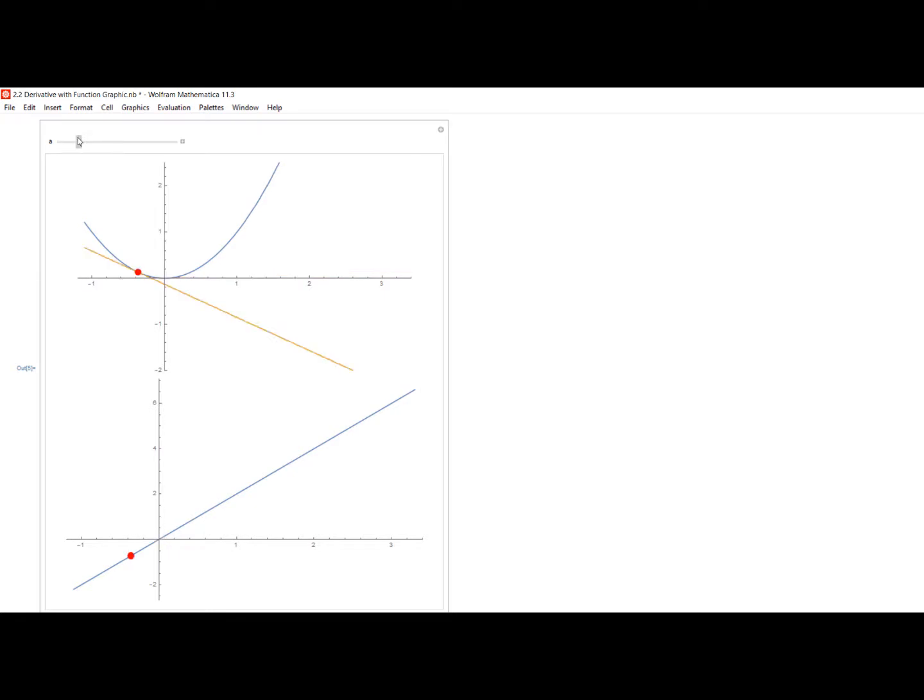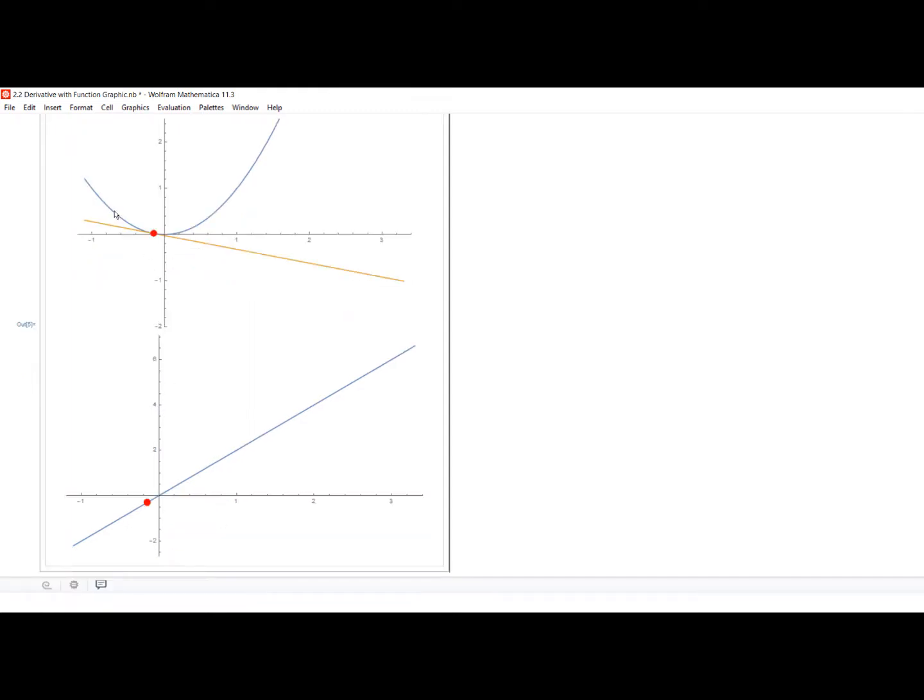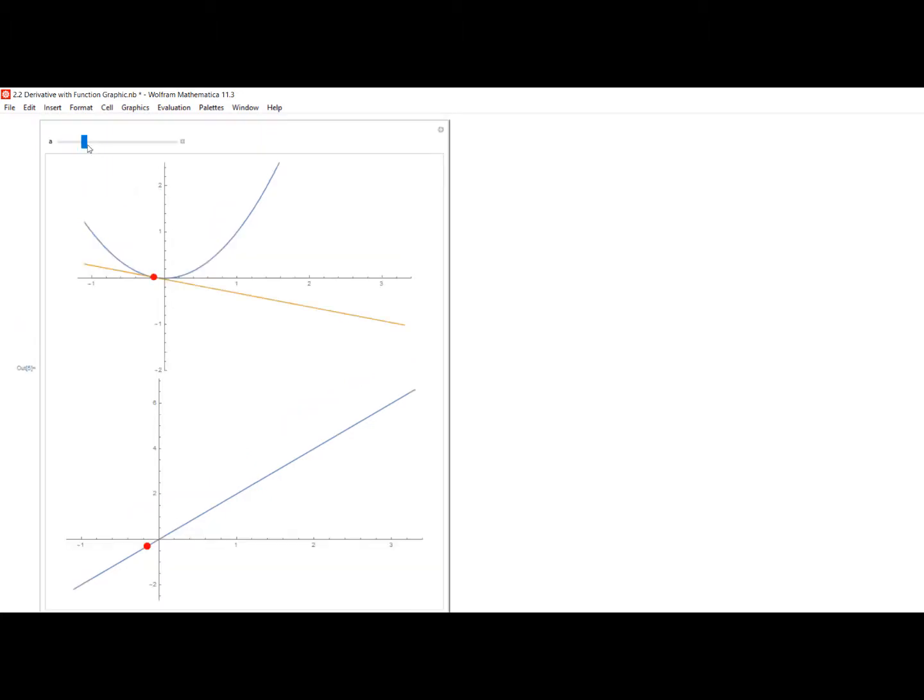And so you can see that as I trace out the tangent line, this new function, 2x, gives me the slope. Look here, the slope is negative, right? Down here, the slope of the tangent line is negative. When we slide the tangent line up a little bit, the slope is positive. And you can see the output of this function is positive.